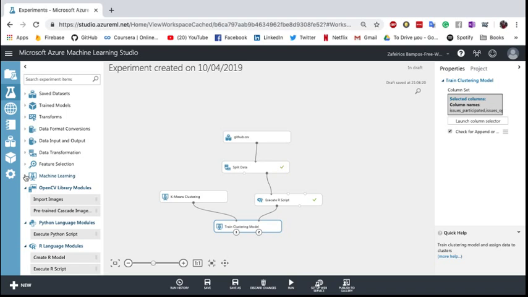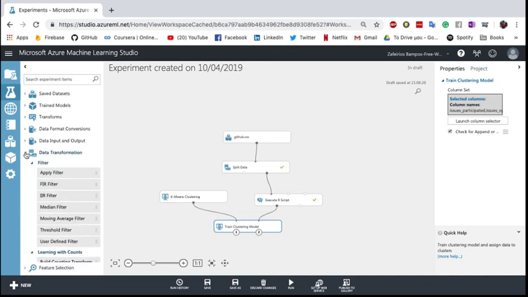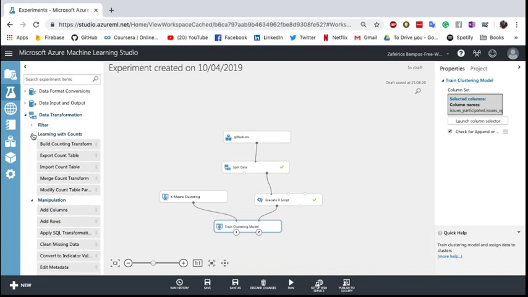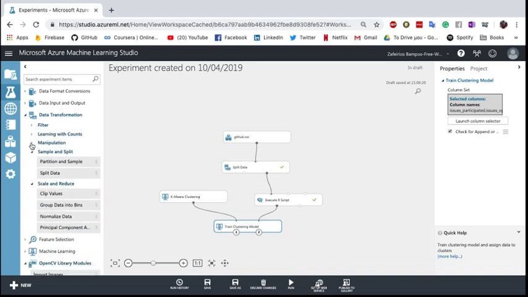After the training of the model, I want to take all the clusters and assign every data point to a cluster that was found from the training. And where I'm supposed to find something like this is at the data transform, manipulation, split data, scale, assign.